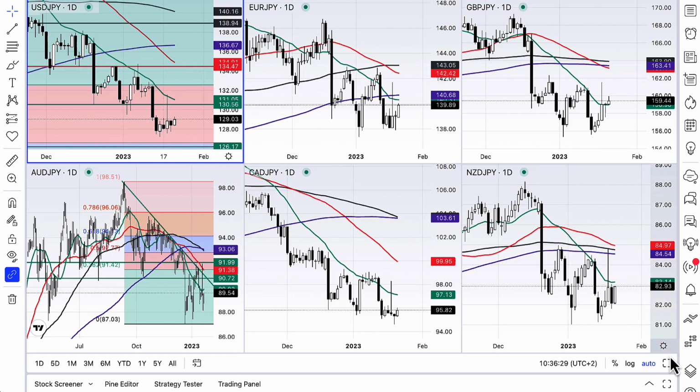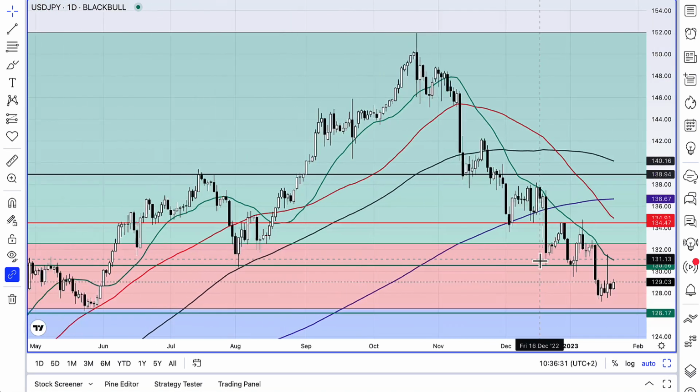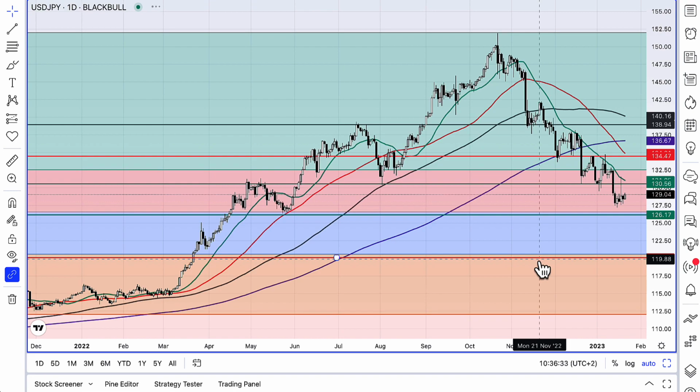What we're looking for on dollar yen really is a right-hand shoulder to play off, so we can continue to sell this. As the dollar weakens, it'll weaken against the yen too. But we want a right-hand shoulder, something to work off. And at this stage, if we can get up to 134.50, this red line, that might be sufficient. Maybe we even get up to 138, 139 and form a decent right-hand shoulder.